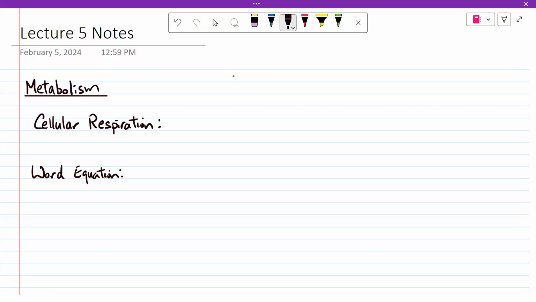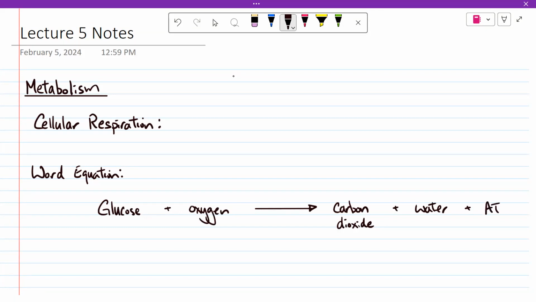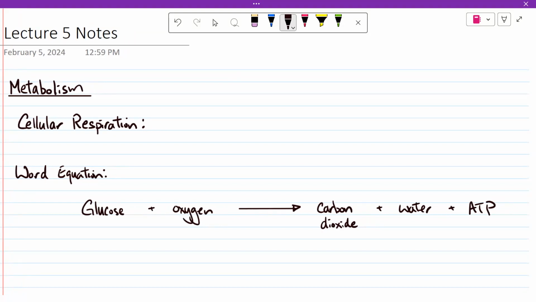I'm not sure if you learned chemical equation and word equation in chemistry yet, but we have glucose plus oxygen, and then it's gonna react with each other to produce carbon dioxide plus water and ATP, which you might remember is the currency for energy in a cell.